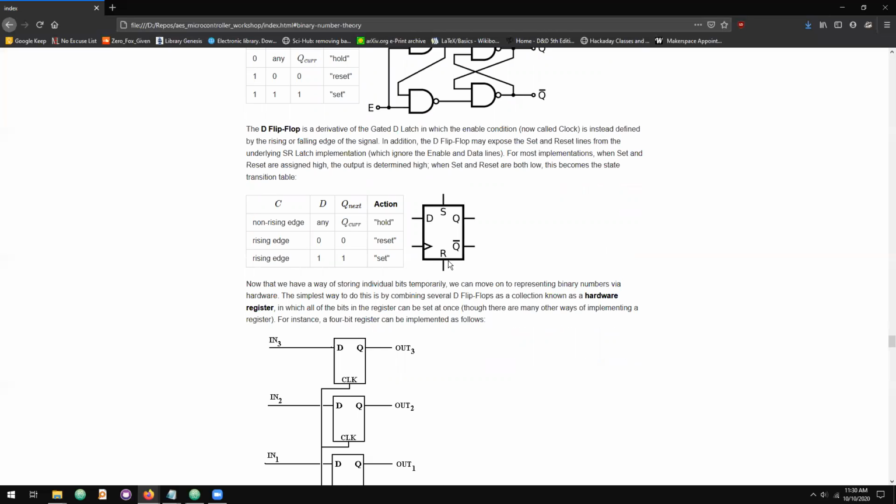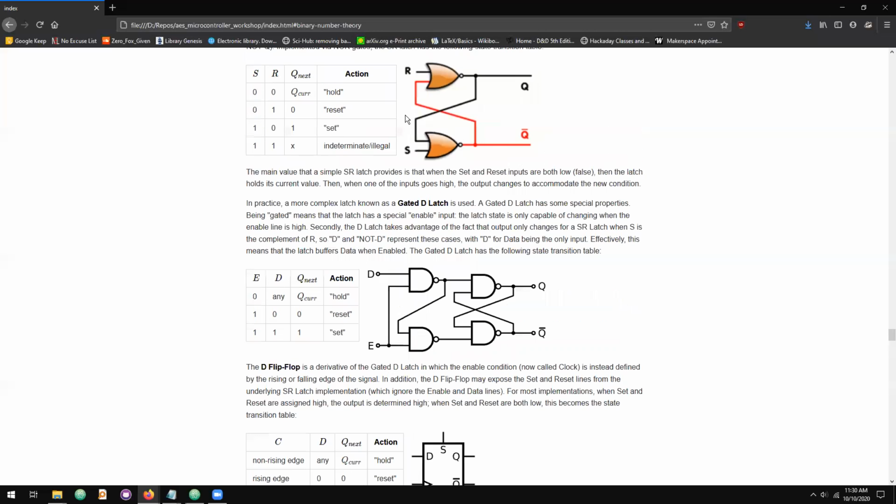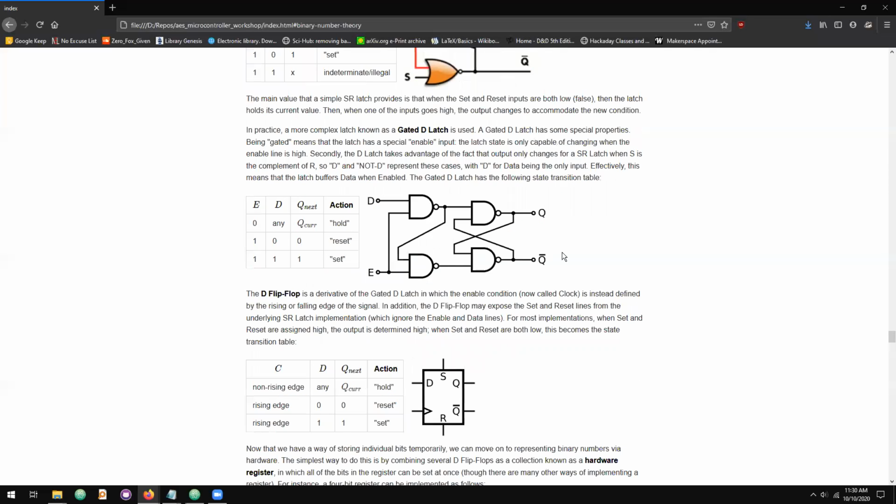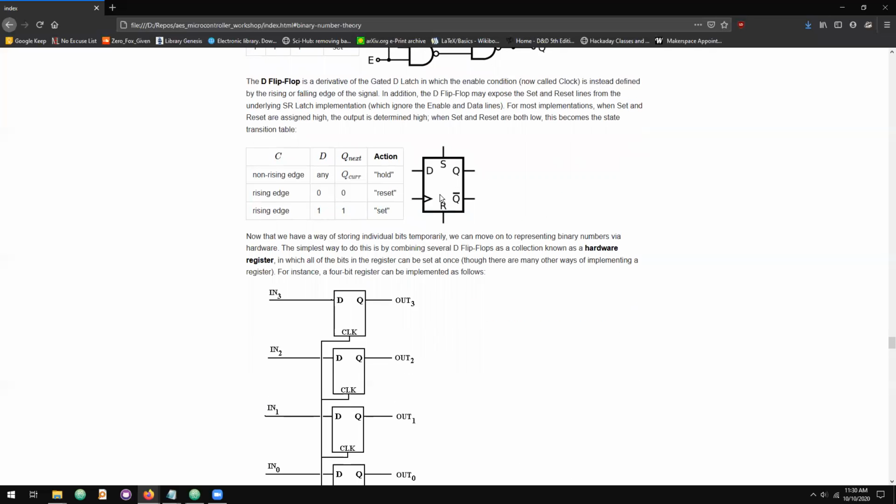Likewise, you can completely ignore the set and reset pair of inputs. You can even ignore the output Q or its complement, not Q. But the point being, we have a way of representing persistent storage that combines all the good features from an SR latch or a gated D latch. So this thing can represent a stored bit.